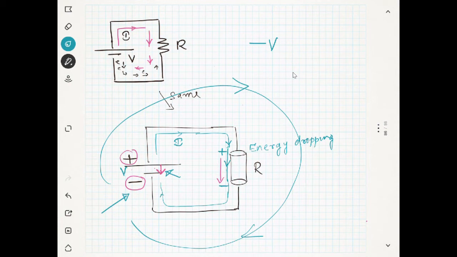Now if I reach here, you can see the electric field is going down, right?